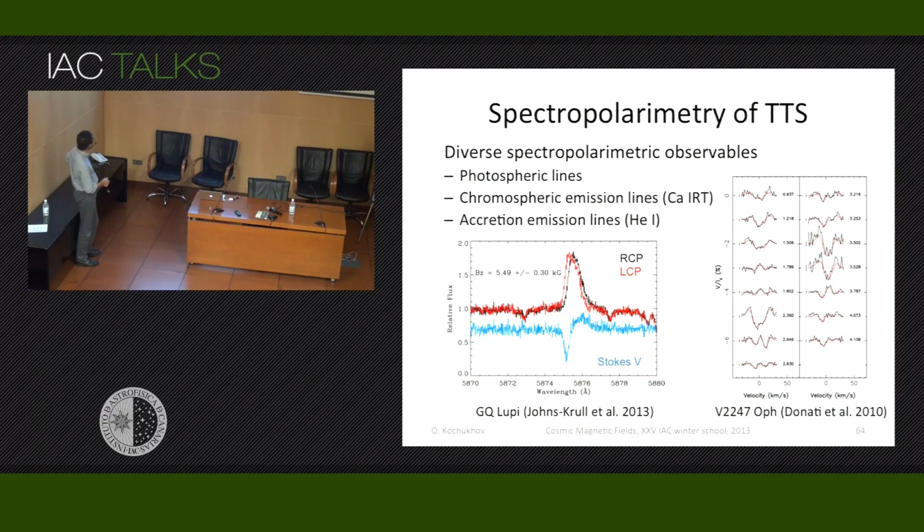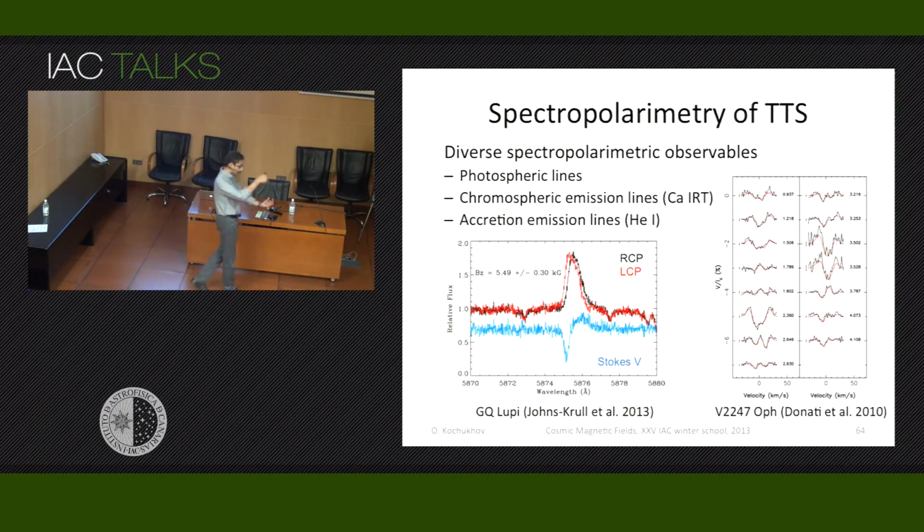photospheric spectral lines. One can see Stokes V signatures in the emission lines, like the calcium infrared triplet, emission lines formed in the stellar chromosphere. And a very puzzling observation, which we find for almost all T Tauri stars, concerns emission lines due to helium, which presumably trace the accretion funnels.